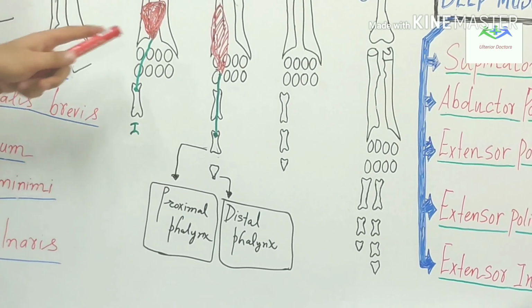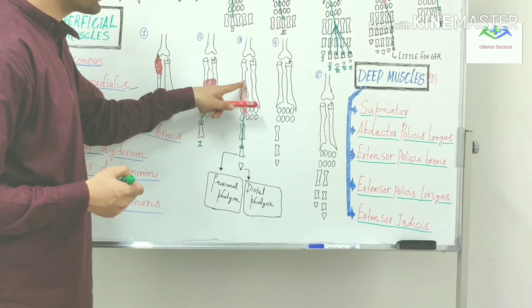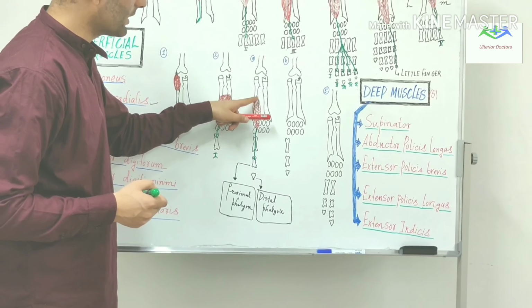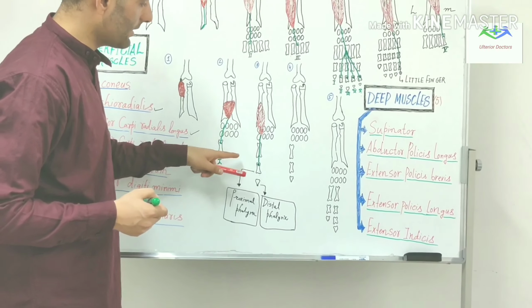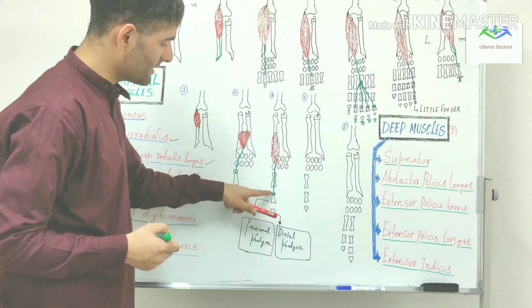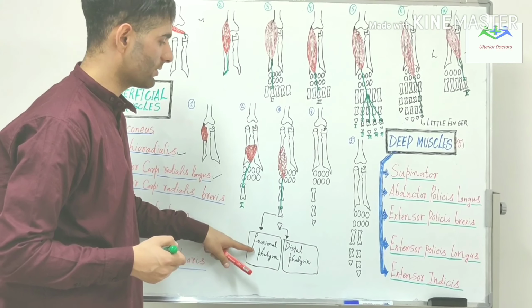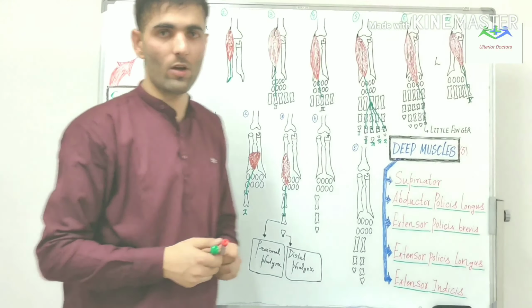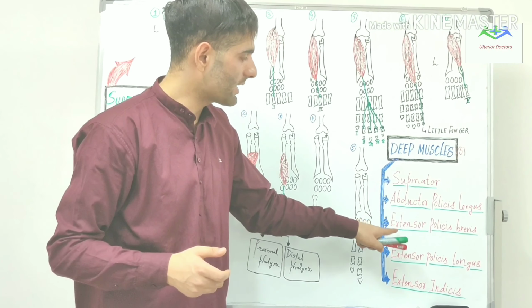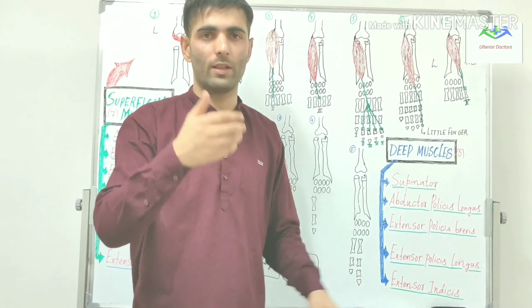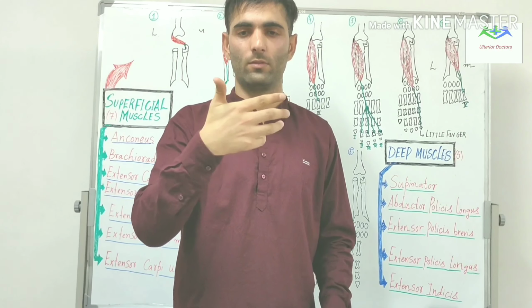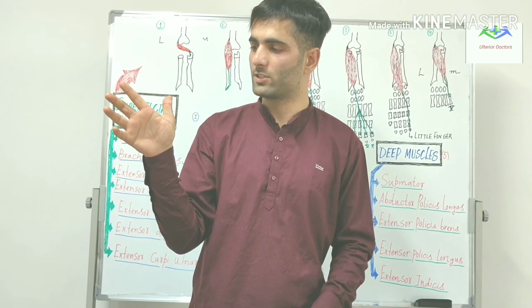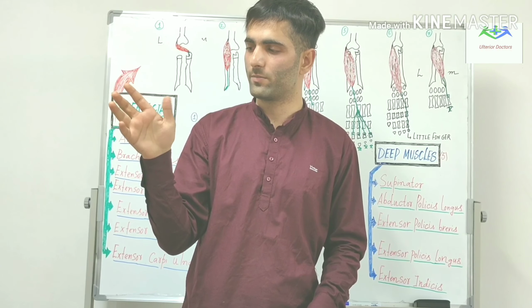So we can say it originates from the posterior surface of the radius and it is inserted to base of proximal phalanx of thumb. The action of this indicates the extension of thumb, like this. This is the extension of the thumb. This is the flexion. This is the extension.